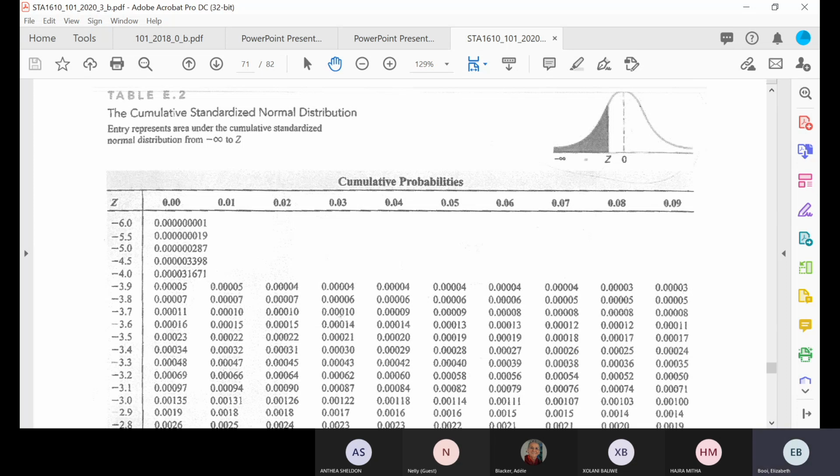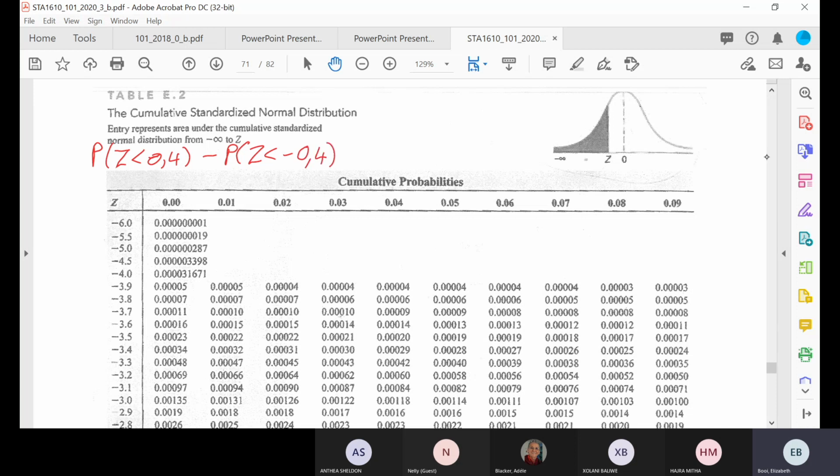Coming to the table, we need to look for the probability of Z less than 0.4 minus the probability of Z less than minus 0.4.